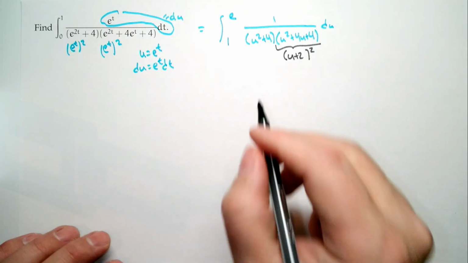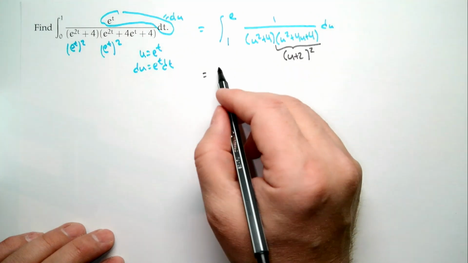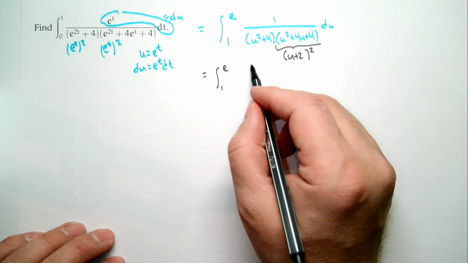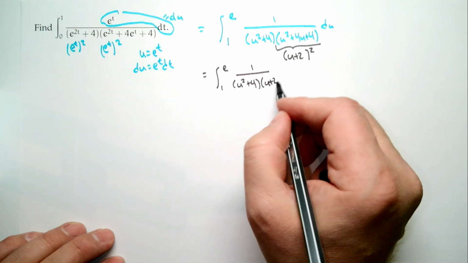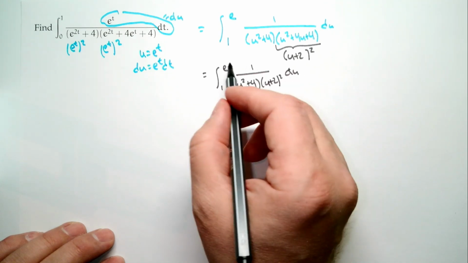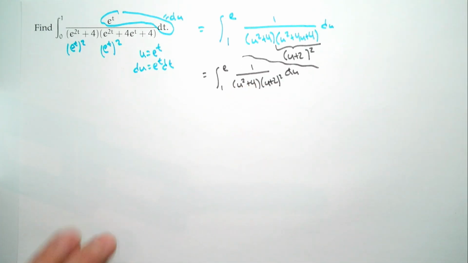Okay, so again, we get the integral 1 to e of 1 over u squared plus 4 times u plus 2 quantity squared du. Now, here comes the question, and this is the point where a lot of people get confused. Let's try to clear up our confusion. Got to figure out the right form.